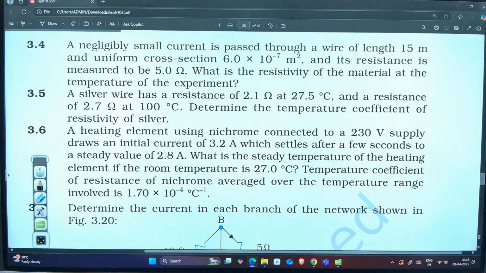3.3, 3.4, 3.5 we have done. We'll discuss all the answers now. I will do it on the board.